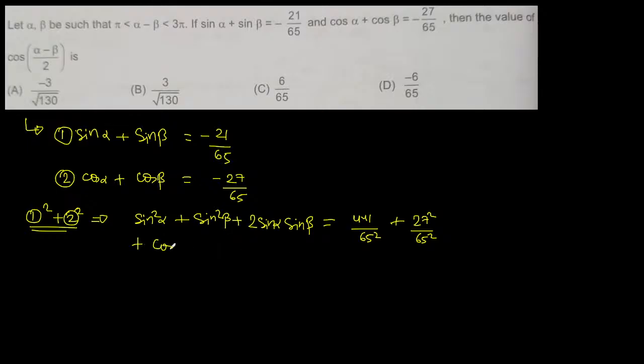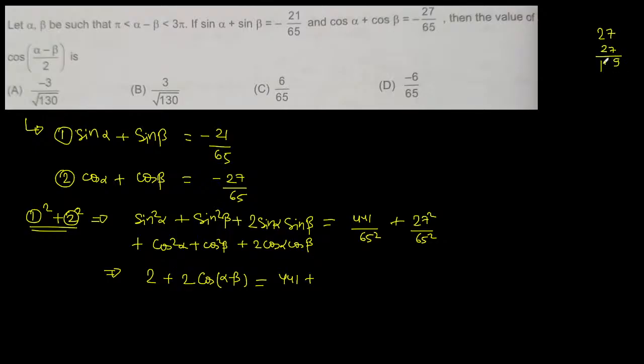Next we have cos square alpha plus cos square beta plus 2 cos alpha cos beta. This is 1 and 1, 2, and this is 2 cos alpha minus beta, since cos A cos B plus sin A sin B. This is 441 plus 729 over 65 whole square.